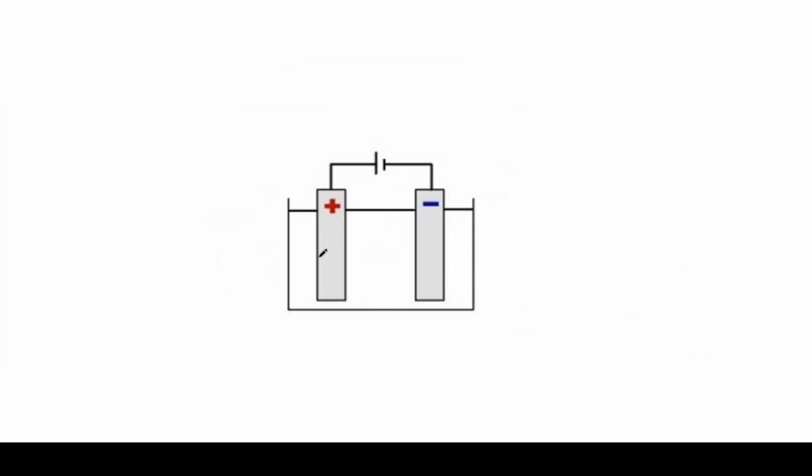Now look at that diagram and let's start to identify each part in the circuit. Number 1 is the cell. The negative terminal or negative electrode is called cathode. The positive terminal is called anode.